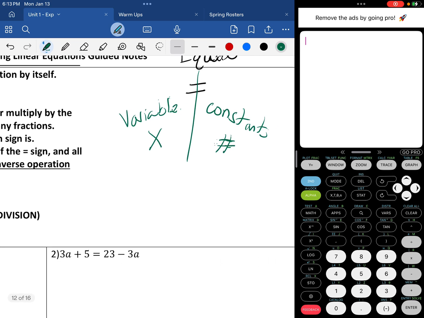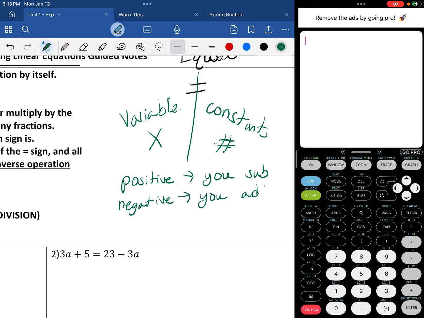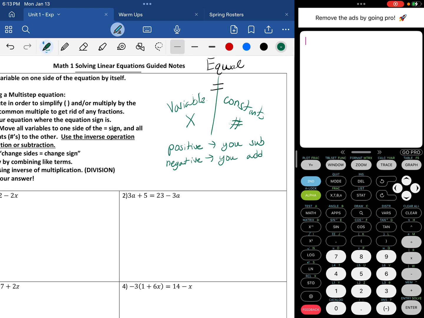So if a number is positive, that means you subtract. If it is negative, that means you add. Okay, we are just reversing those signs.